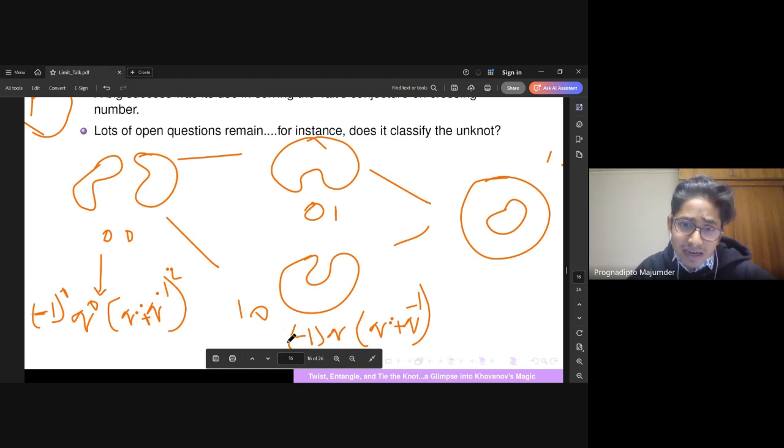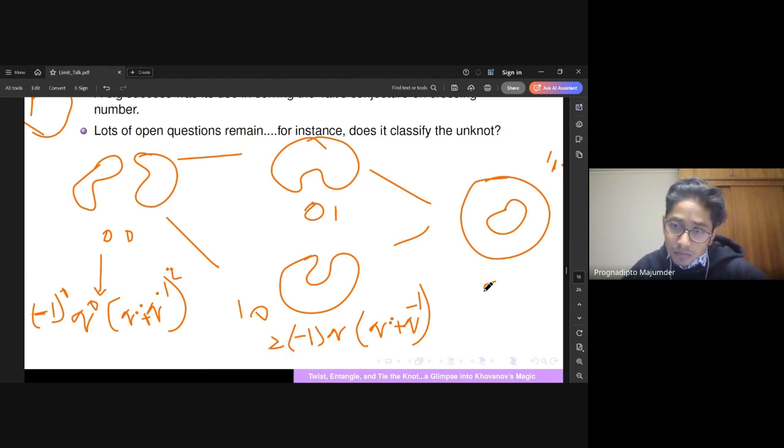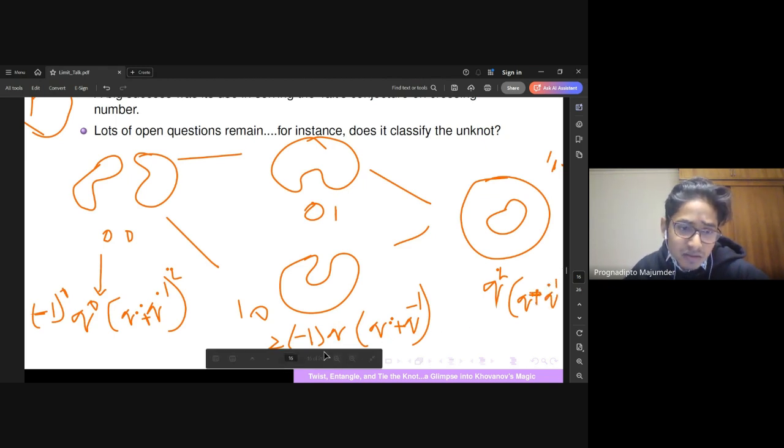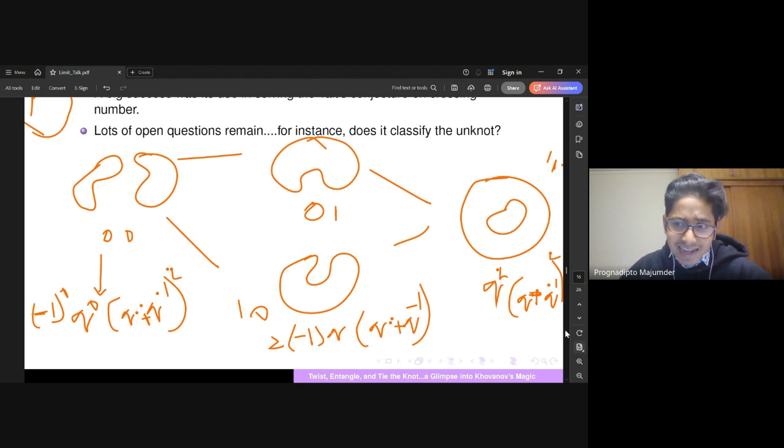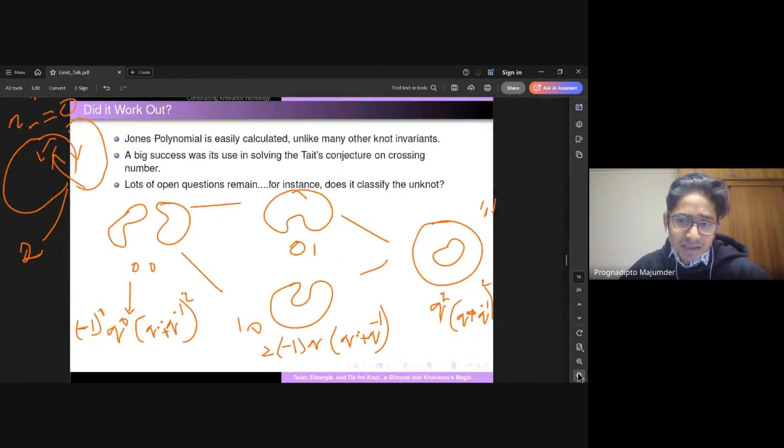And there are 2 of these diagrams, so I multiply by 2. And here it is just q squared, because it's 1, 1: q squared times (-1) squared times (q + q^-1) to the power 1... squared. So if you add these up, you will find that you have the same thing.